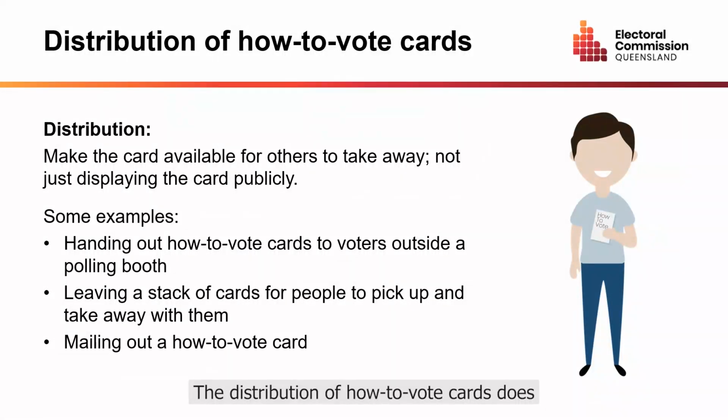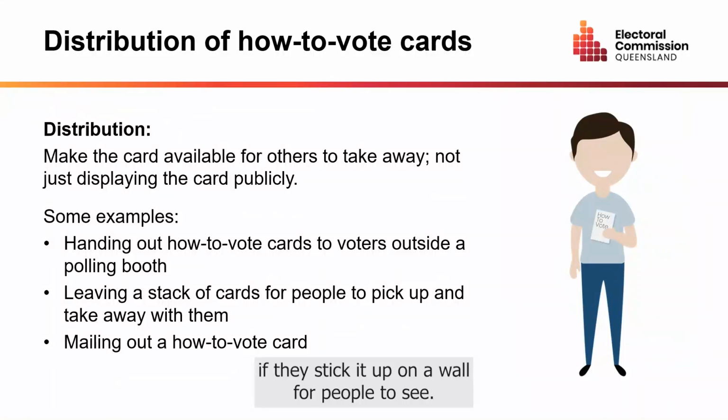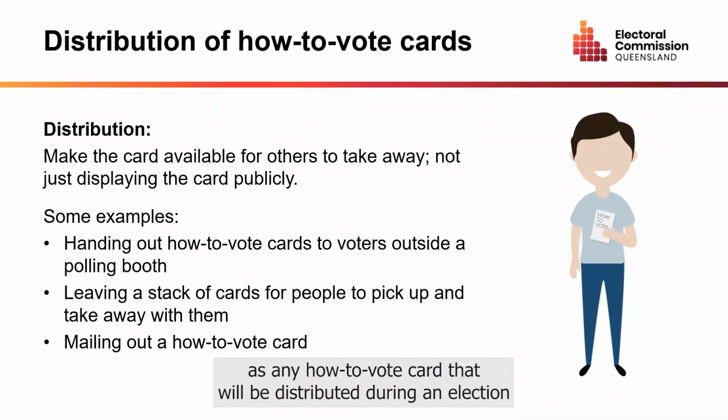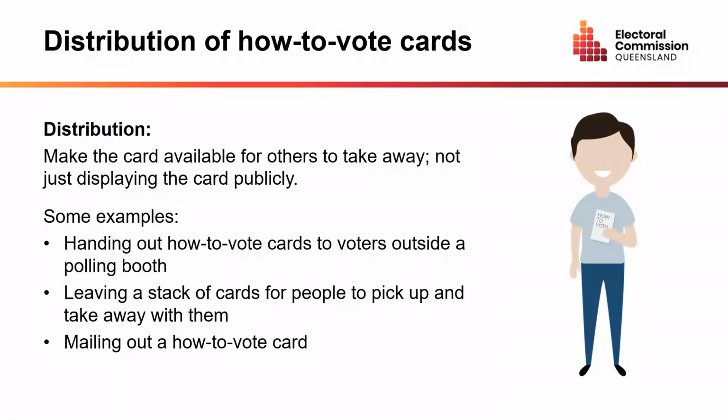The distribution of how-to-vote cards does not include merely displaying the card publicly. For example, a person is not distributing a how-to-vote card if they stick it up on a wall for people to see. This definition is also important for us to know, as any how-to-vote card that will be distributed during an election or by-election period must meet its compliance requirements.